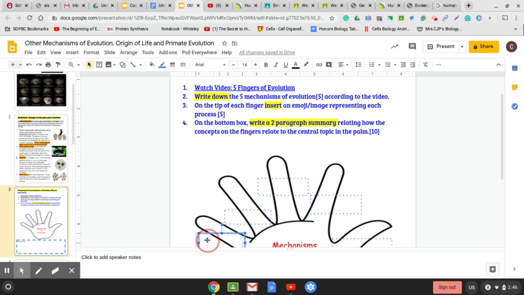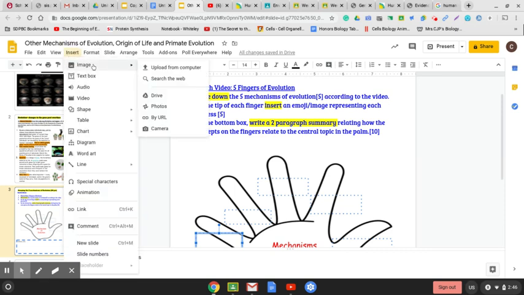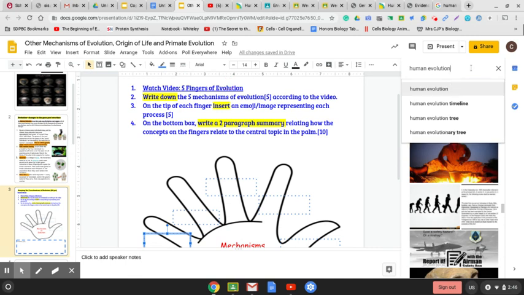Of course, the video will help you with this, because the video does a great job explaining each one. You're going to insert an image. You can upload one from your computer if you saved one, or you can search the web. For example, we know that one's going to be mutation.